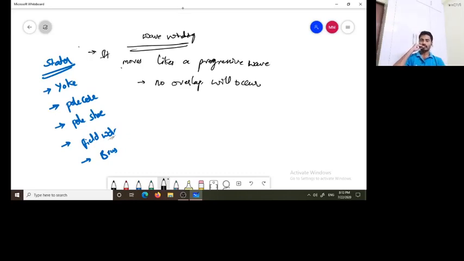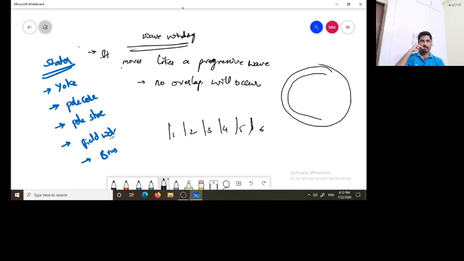For example, we'll consider these coil sides: coil side 1, 2, 3, 4, 5, 6. Having an armature, we can have the slots. Suppose this is the first slot, this is the second slot, and this is the third slot.